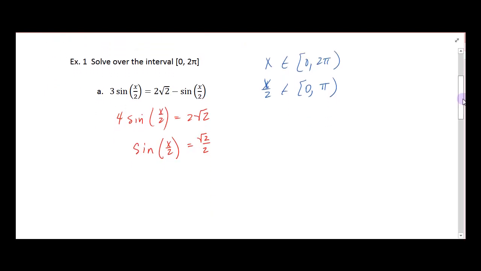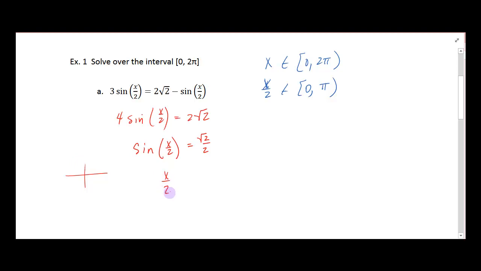Now we want to stop for just a second and ask ourselves, for what angle, when I take the sine of it, do I get a positive square root of 2 over 2? That's going to happen for us in both quadrants 1 and 2, right? So when I take the sine of some angle, I get the square root of 2 over 2, and that's positive in both the first and the second quadrants.